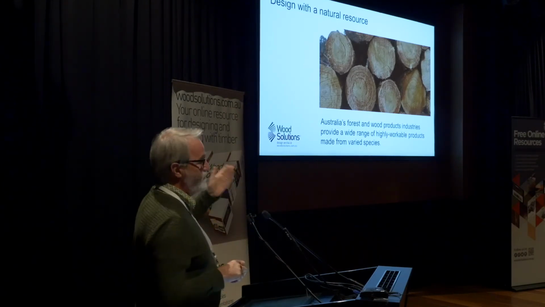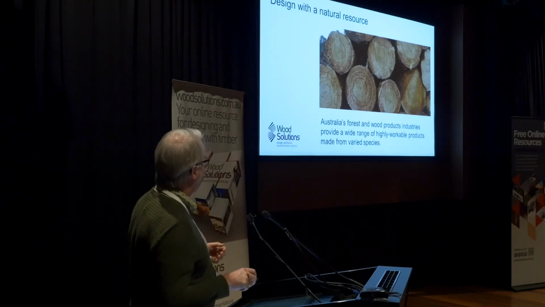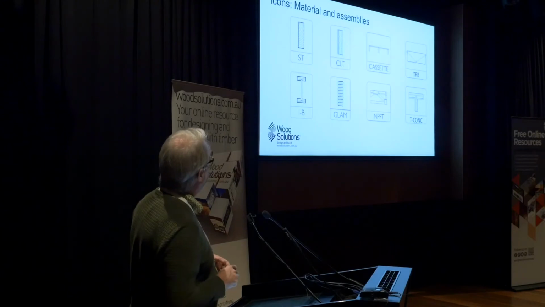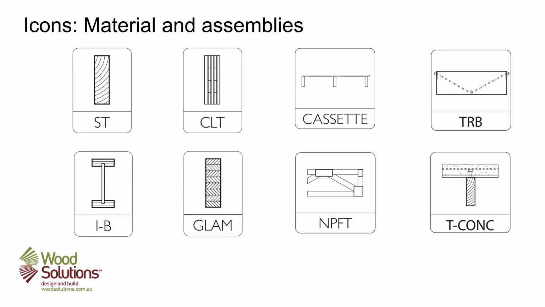So to help balance and understand some of these variabilities, or at least for us to describe them regularly, we use a lot of icons throughout the text. Because we didn't want to try and put all the information in one spot because you just can't explain it all. So generally we're using icons for materials. So obviously these first four are particular materials you might get at a hardware store, and assemblies.